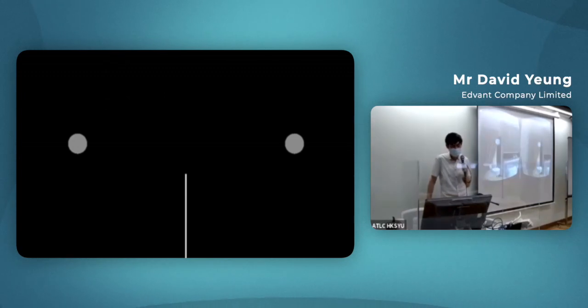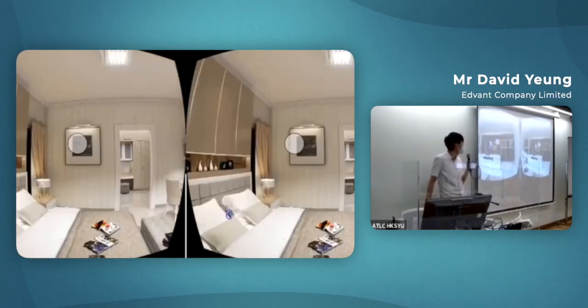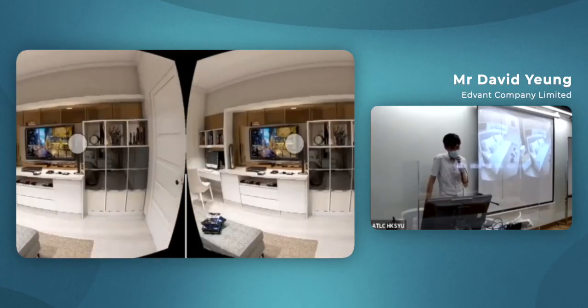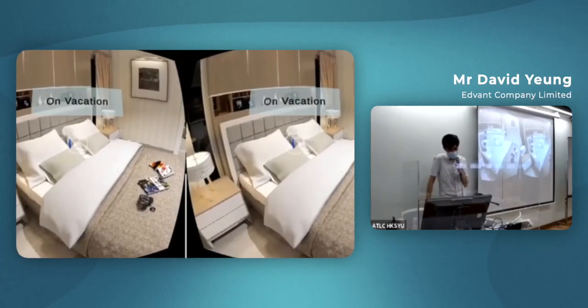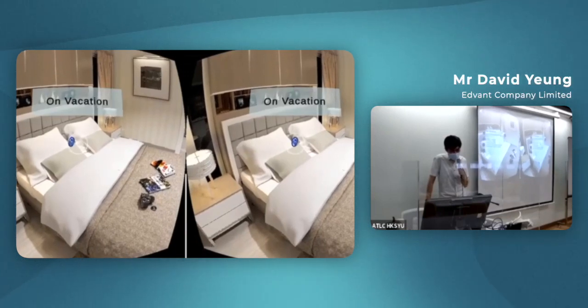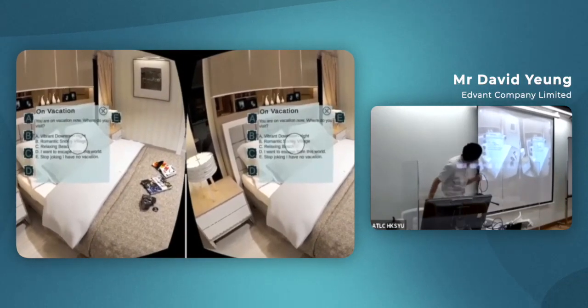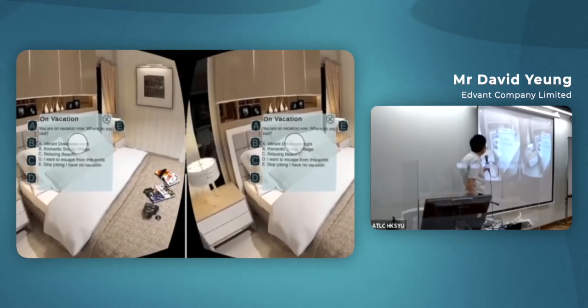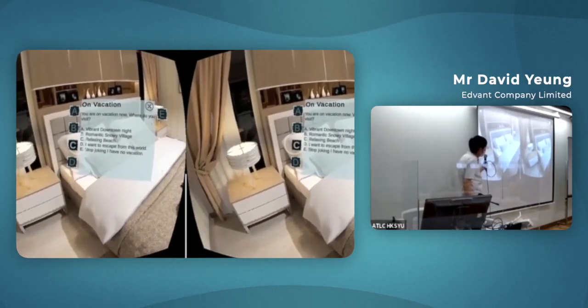Let's imagine we are on vacation and we are staying in a hotel tonight. So the question here is, where should we go tomorrow? Maybe let's go to the beach.